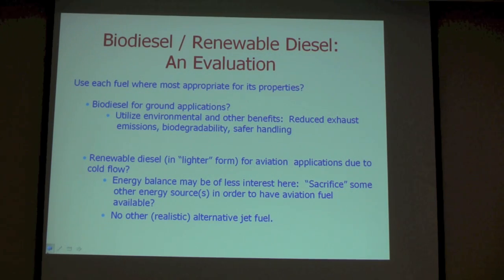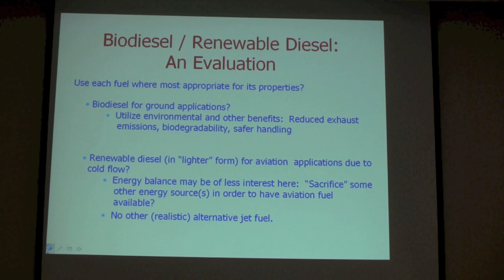So anyway, to evaluate those, maybe use them where it's most appropriate considering their properties. Biodiesel for ground applications, where you can utilize some other environmental benefits like exhaust emissions, biodegradability, safer handling. Renewable diesel, in terms of its advantages for cold flow, has a lighter form for aviation applications.